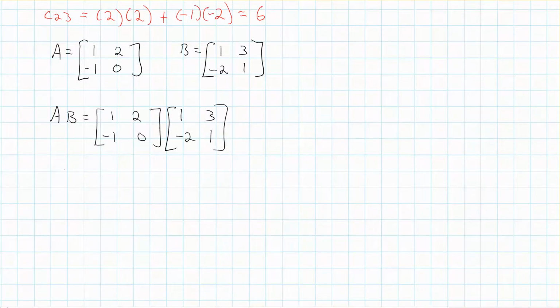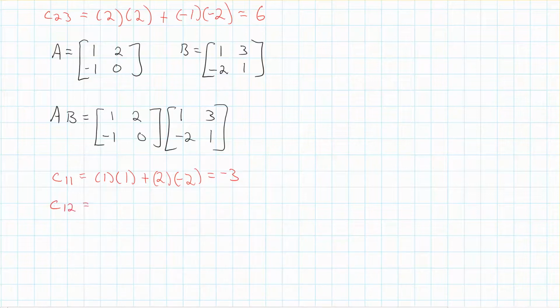So let's go ahead and write this down here. C11 would be row 1, column 1. So this would be 1 times 1 plus 2 times negative 2, which is negative 3.